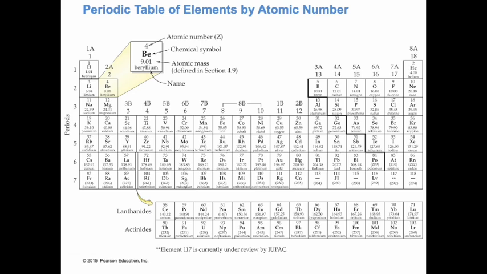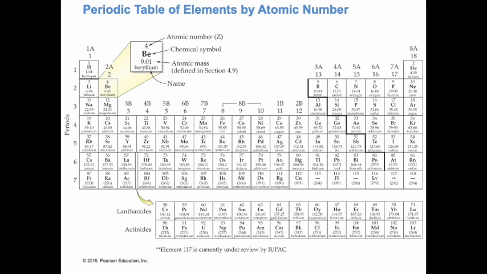Well, that 6, it is the 6th element, but that 6 also has greater significance. It tells us that there are 6 protons in the nucleus. And nitrogen next door has 7 protons in the nucleus. And so that number is actually telling us how many protons there are. So we can look at the number at the top of any of these boxes, and that number is the number of protons.